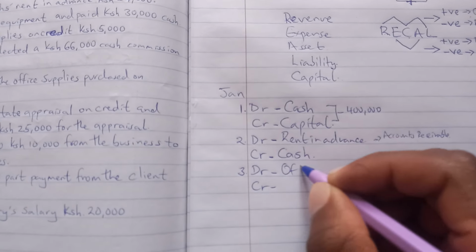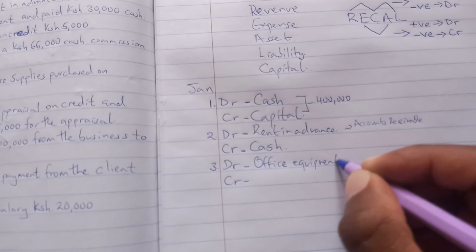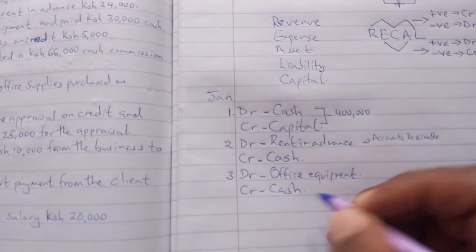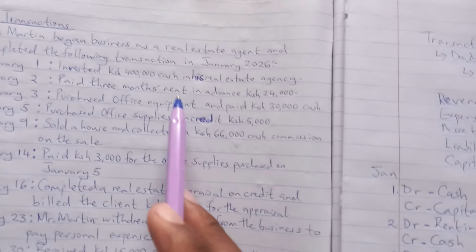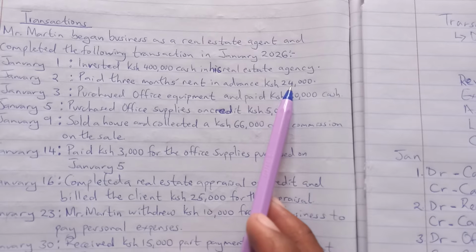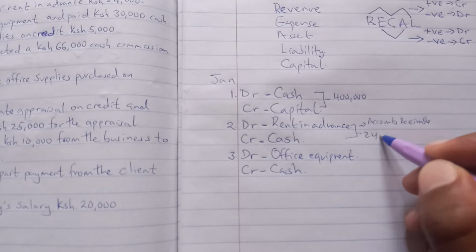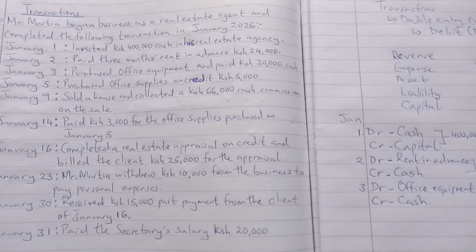Office equipment. And what is reducing? Cash. Exactly. So these amounts which have been given, for instance, January 2nd, it is 24,000. I just forgot to write them. So this one is 24,000 and this one is 30,000.